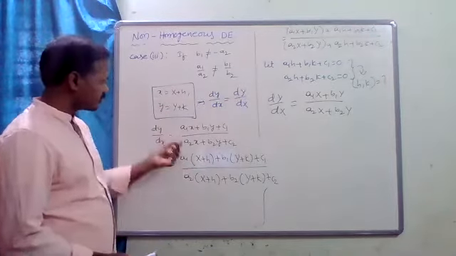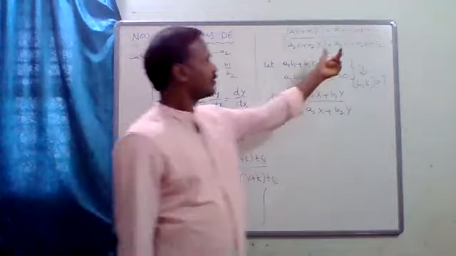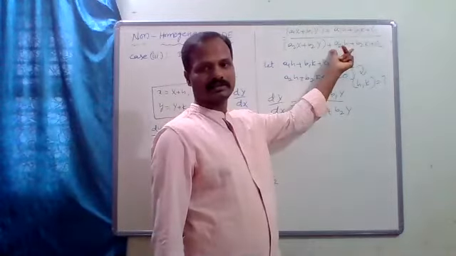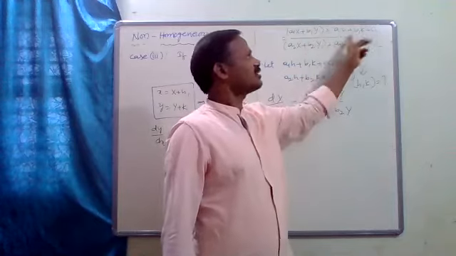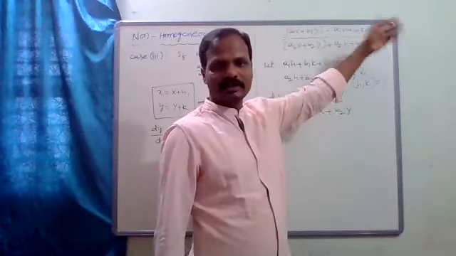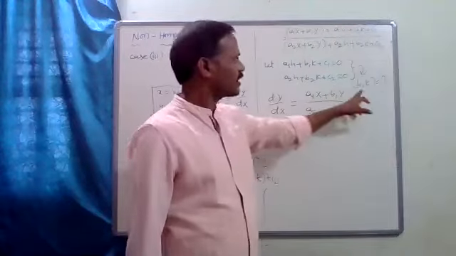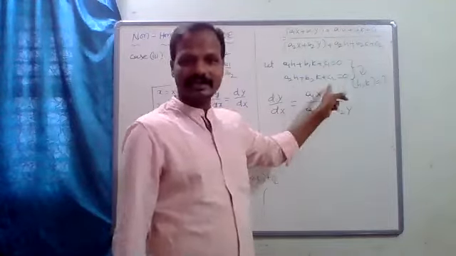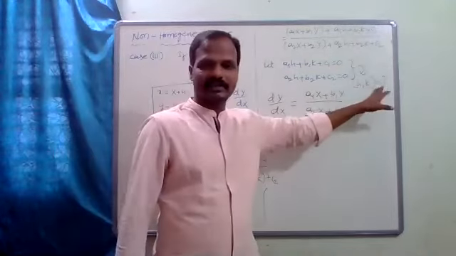Now substitute these values in the given differential equation. In this, you have to make the constant terms, that is the terms in h and k, become 0. Then by solving these two, you will get h and k, because these two are straight lines in h and k. By solving these two equations, you will get the h and k values.